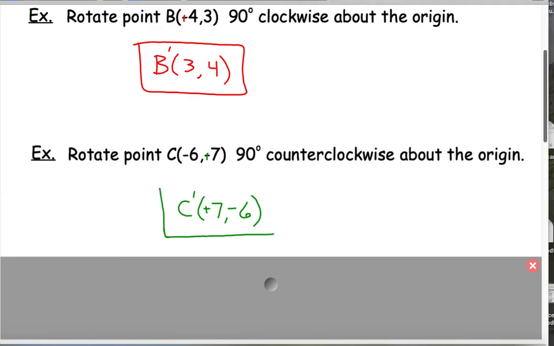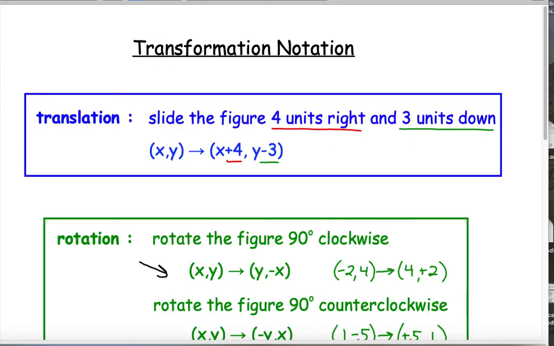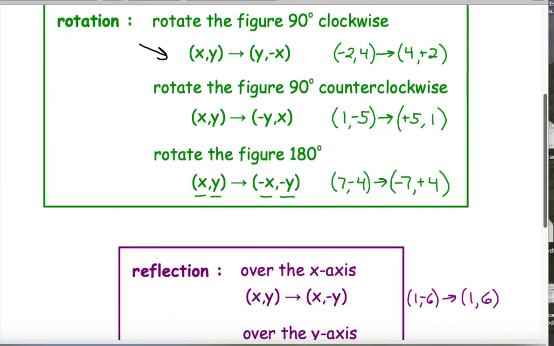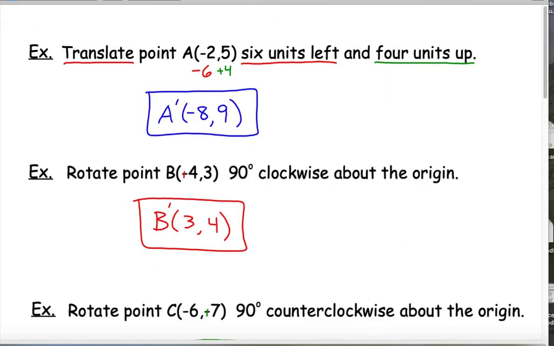So C prime is 7, negative 6. I'll go back to the rule there for you just to make sure you see that. Counterclockwise, 90 degrees counterclockwise, we switch the order, and then the y becomes the opposite of y. So we change the sign of that.